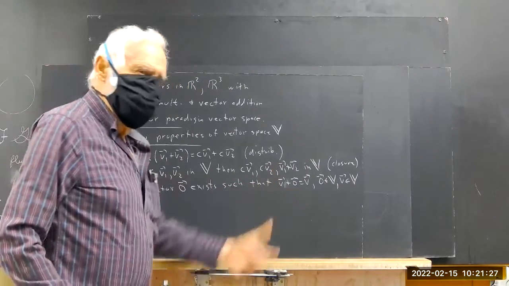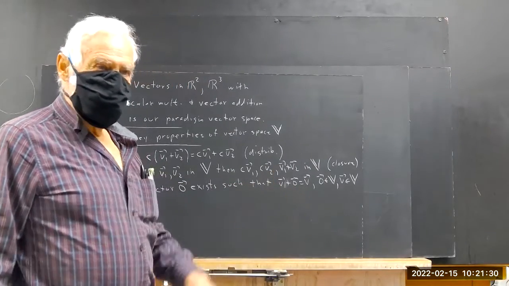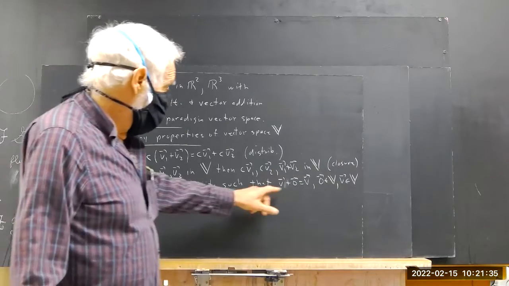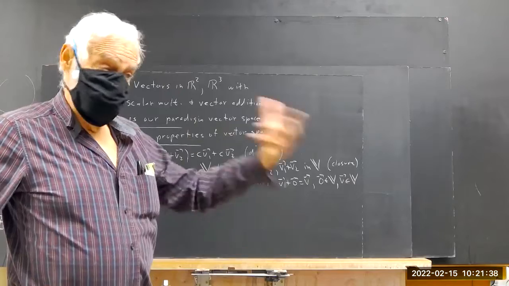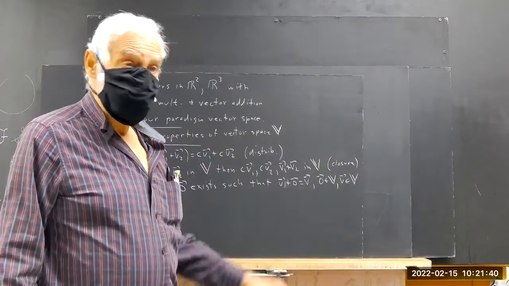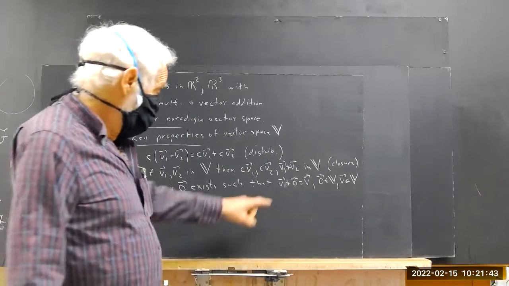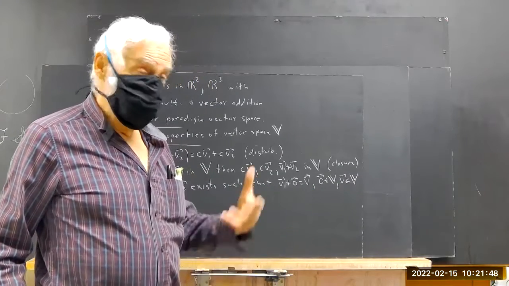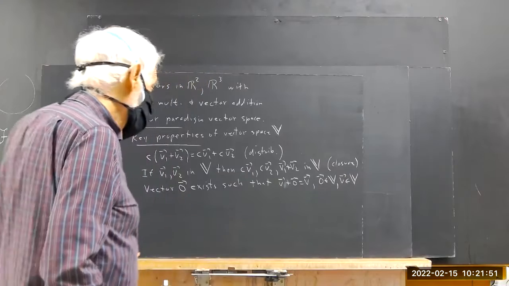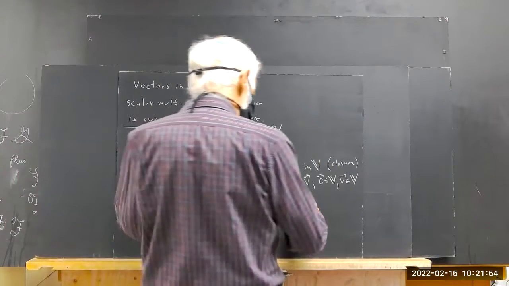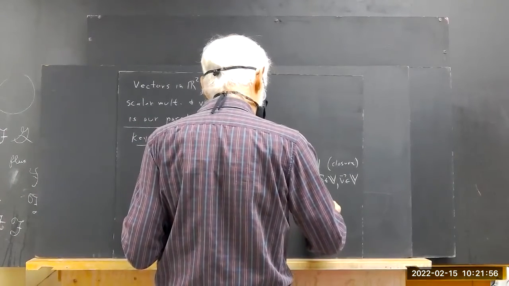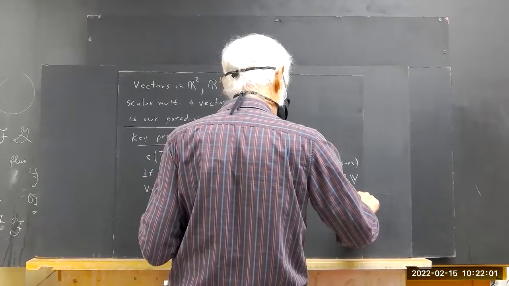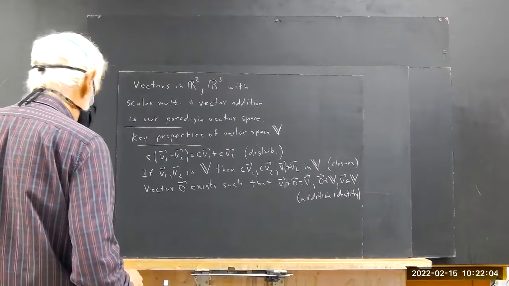But the idea is simply that you got a zero vector. If you add zero vector to any other vector, it doesn't change that vector, right? V plus 0 equals V, just like a number plus 0 equals that number, right? X plus 0 equals X. So this allows us to do just regular algebra. A lot of regular algebra in vector spaces. Okay. This is the property of identity.